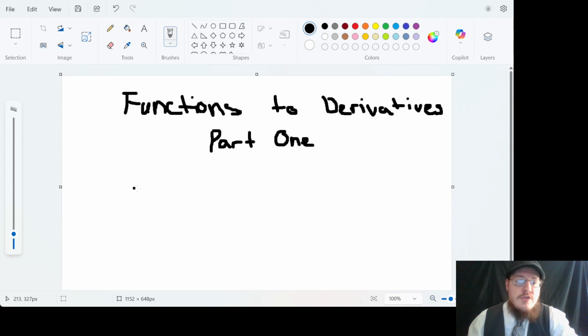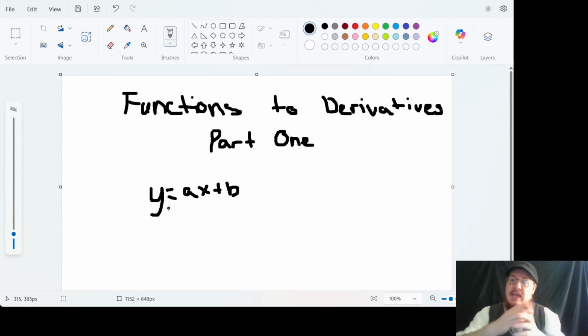Okay? So, as I discussed previously, we had an equation that followed the form of y equals ax plus b, okay? Where y is going to be the next number in the pattern, x is the current number in the pattern, and a and b are two constants where b was the pattern constant and a was the scale, okay?